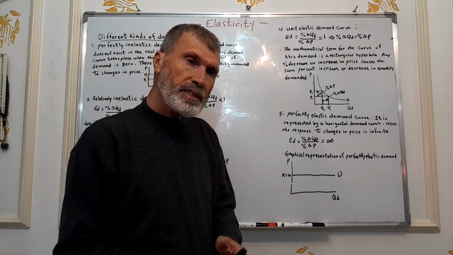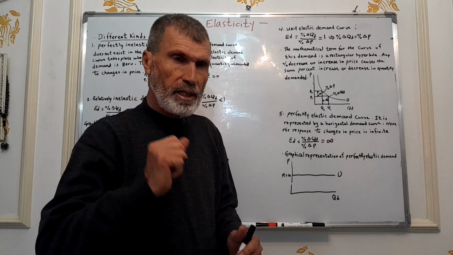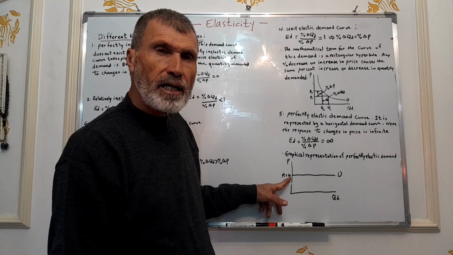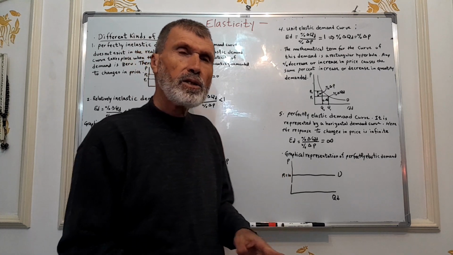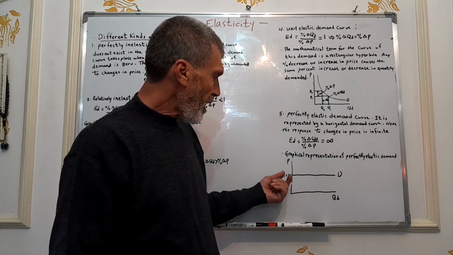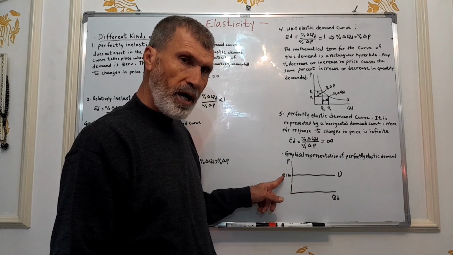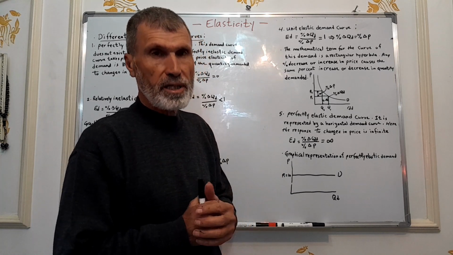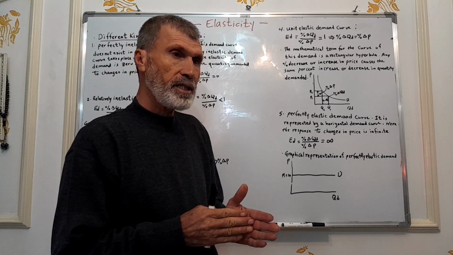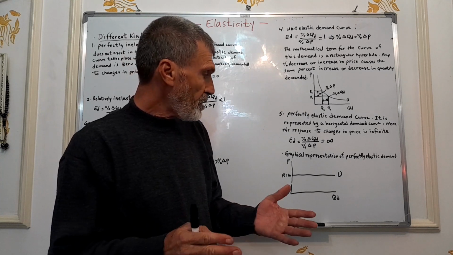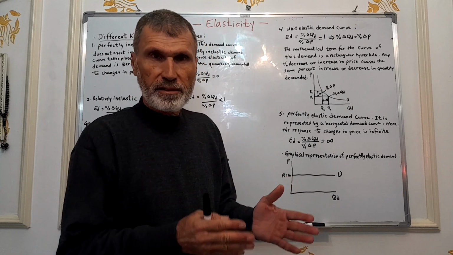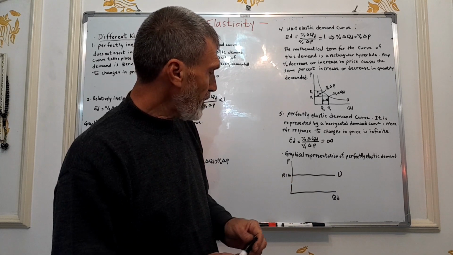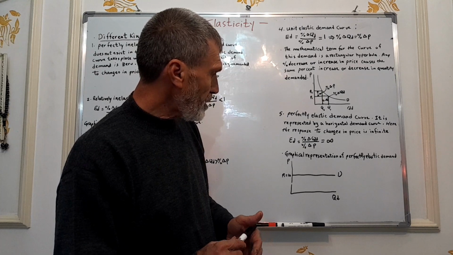However, when the price changes by a tiny amount, let's say from 10 to $10.05, then this small change in the price will cause an extremely large change in the quantity demanded, from purchasing everything to purchasing nothing. This is basically the perfectly elastic demand curve.